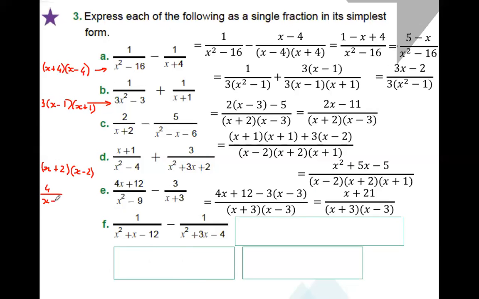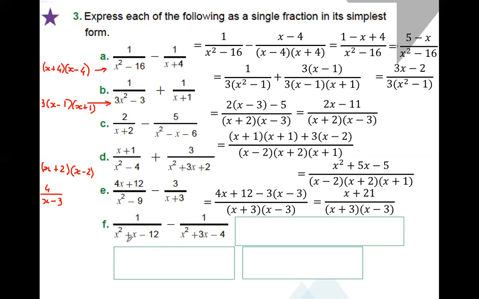Could have started like that and just cross-cancelled: x minus 3 times x minus 3, 4 times x plus 3, and we would get this. So two ways, you still get the same answer.